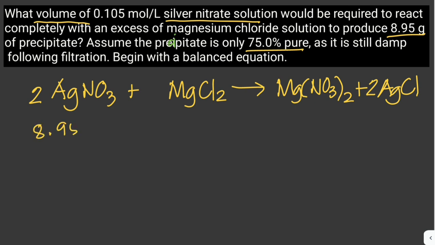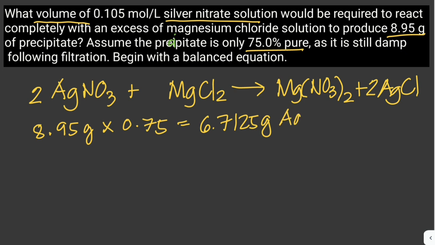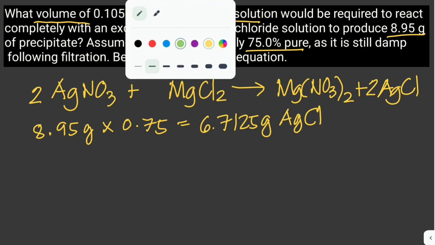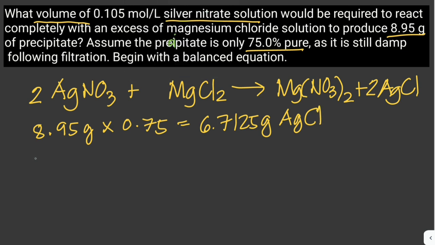So 8.95 grams times 75% divided by 100 is equal to 6.7125 grams of silver chloride. Okay, so we use that mass to solve for the volume of silver nitrate.